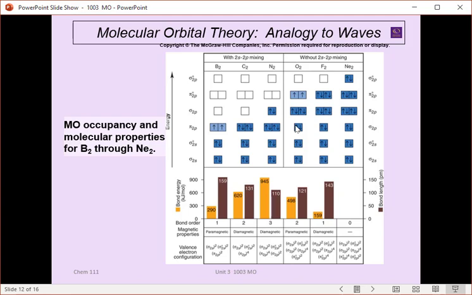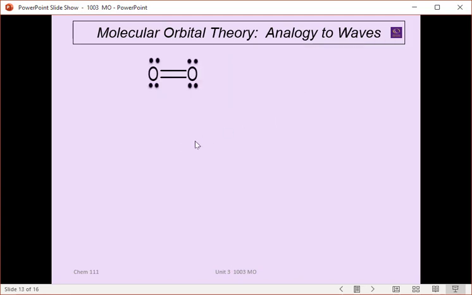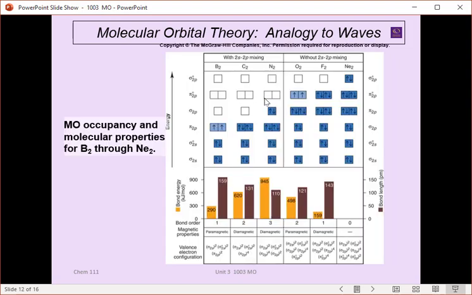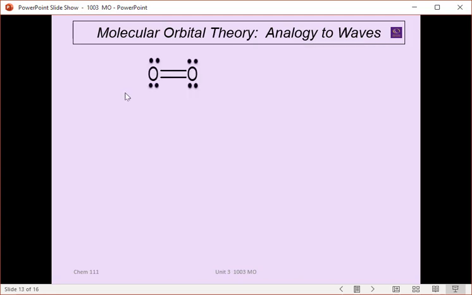And then here's the interesting one. So if you look at oxygen, and I'm going to go over and look at this differently. Here's the splitting pattern for oxygen, right? So now let's go over here and look at this kind of individually.